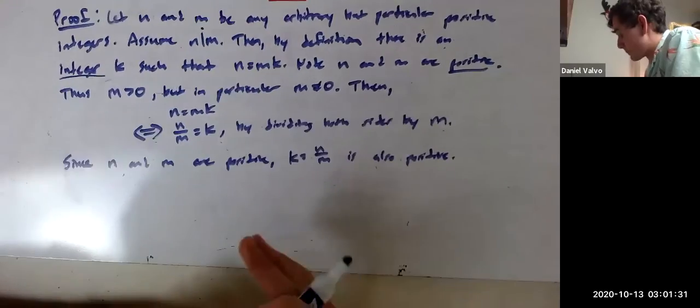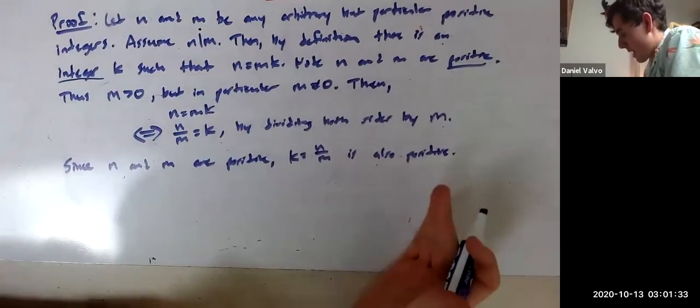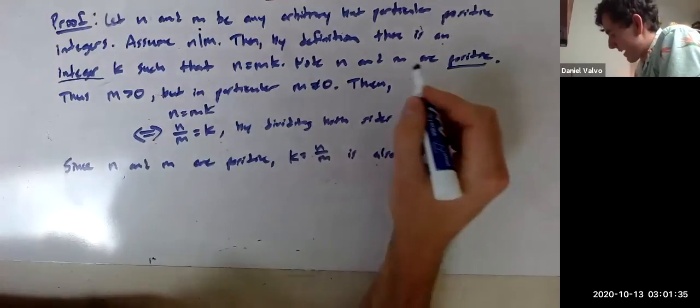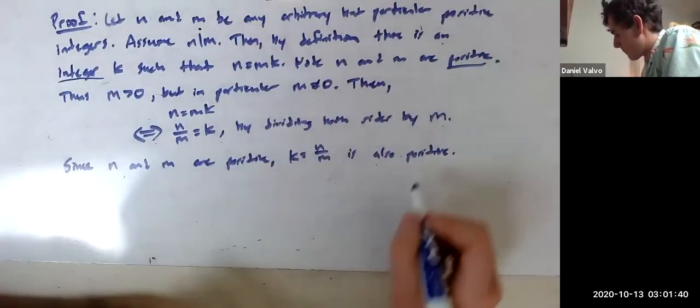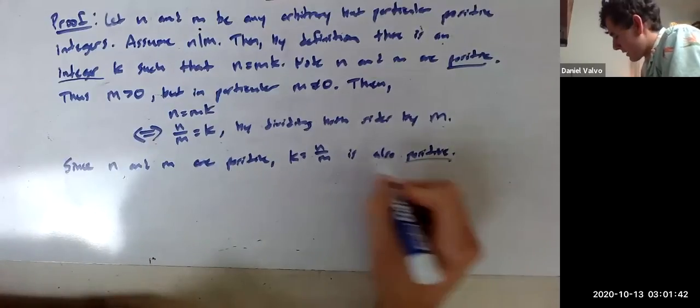So k is positive. And why is that important? Well, because it's also an integer. k is a positive integer.